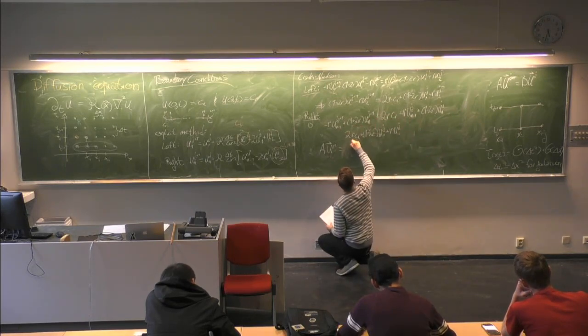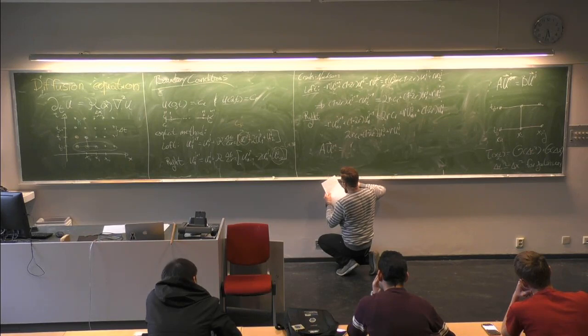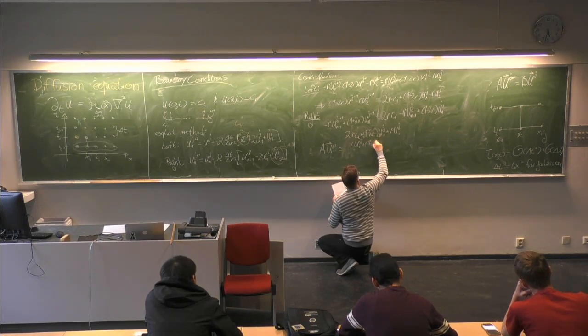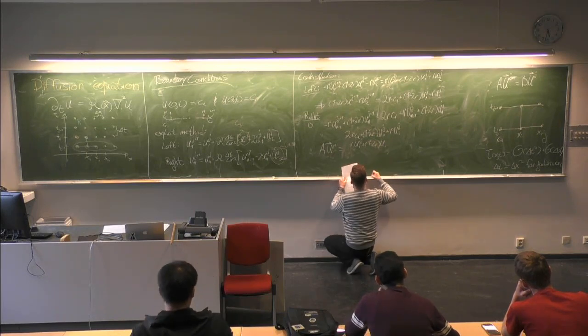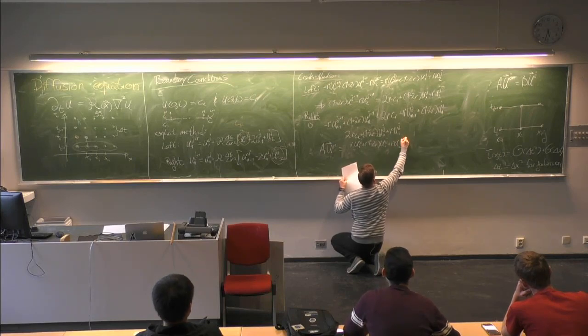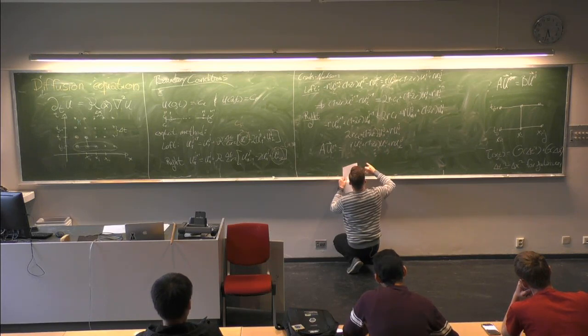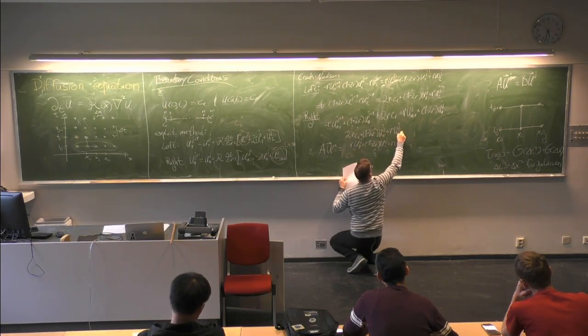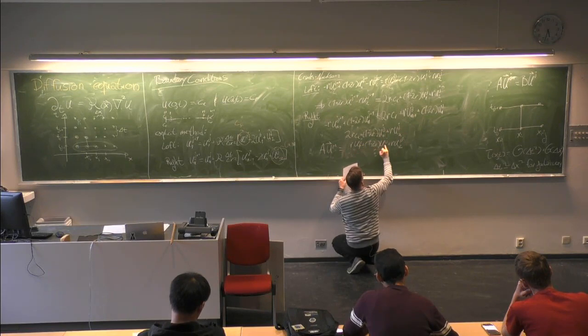Then we begin per usual. u^{j+1} minus 2r u_1^j plus r u_2^j. It's going to be 1 there, and 2 there, and 1.